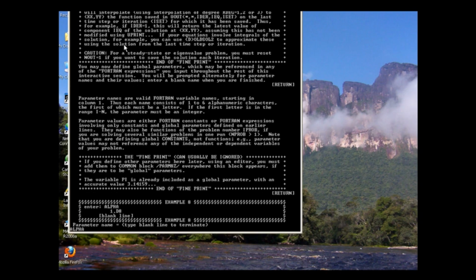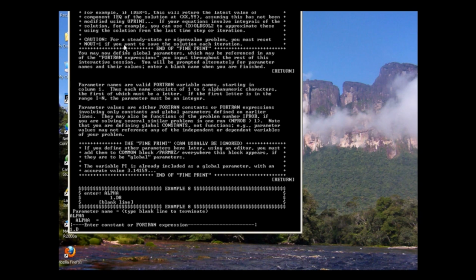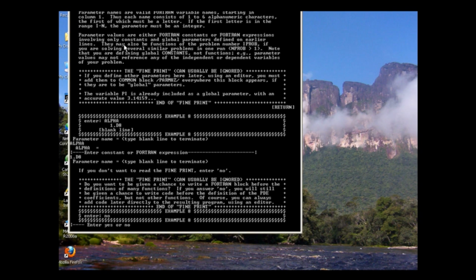Alpha is the penalty method parameter. For a lot of parameters, the definitions are inside a box called the fine print. It will just say if you don't want to read the fine print, use the default or a suggested value.